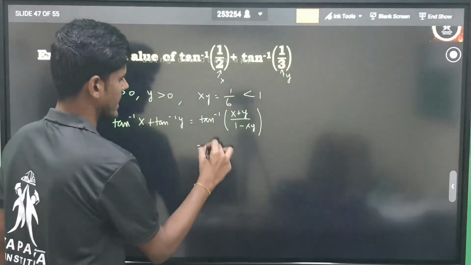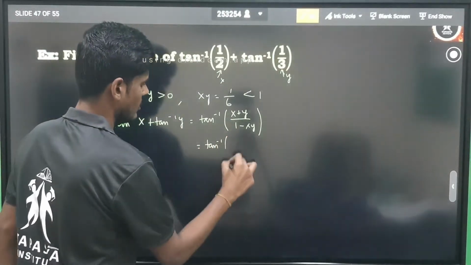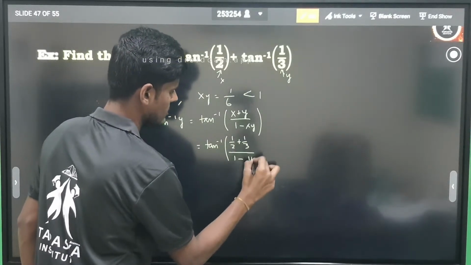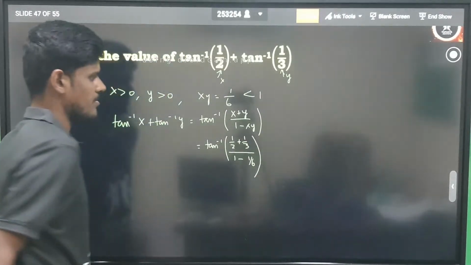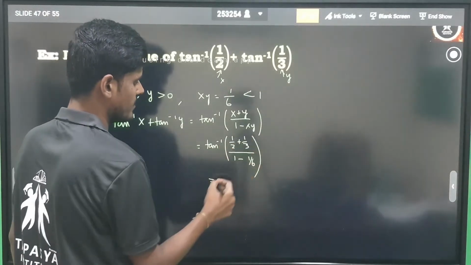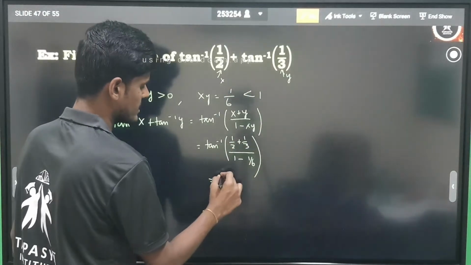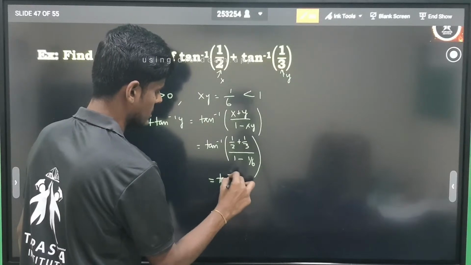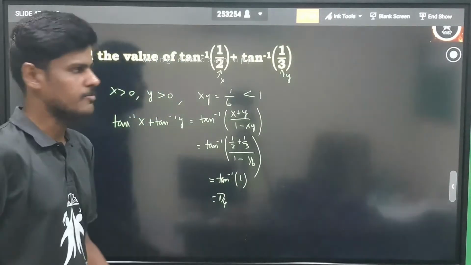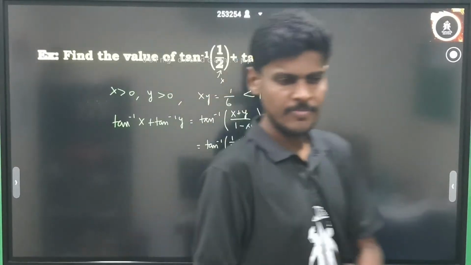This is equal to tan inverse of 1 by 2 plus 1 by 3 divided by 1 minus 1 by 2 into 1 by 3. That is equal to 5 by 6 divided by 5 by 6, tan inverse of 1, which is nothing but pi by 4. Easy question.